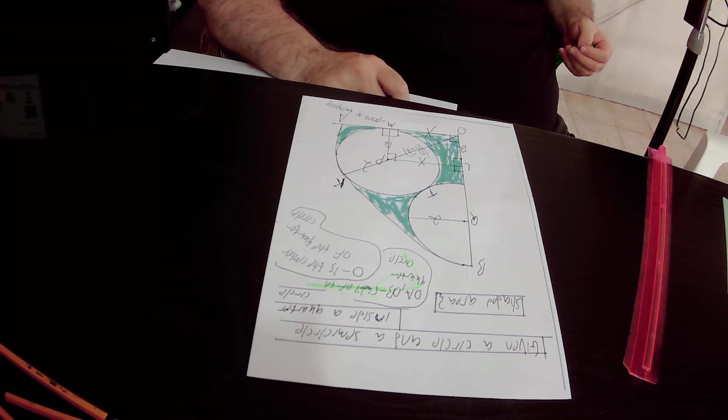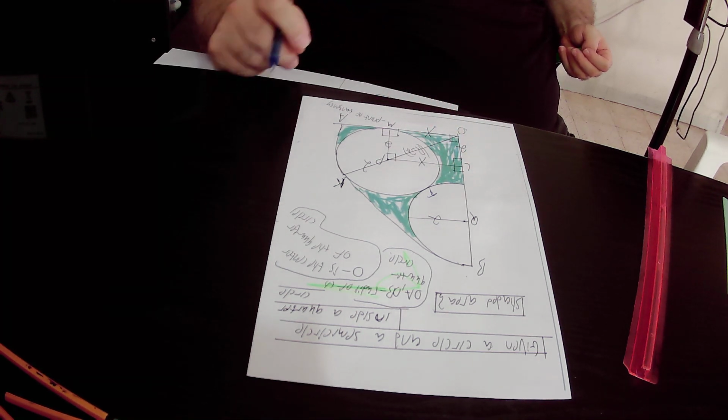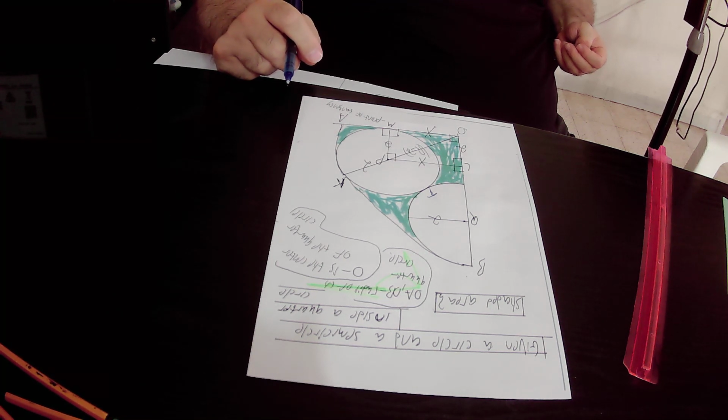Whenever you have two circular shapes that touch each other externally, then the straight line that joins their centers together must pass through their touching point.